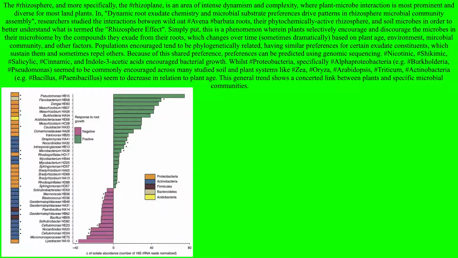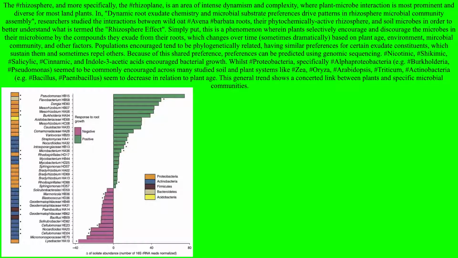Nicotinic, shikimic, salicylic, cinnamic, and indole-3 acetic acids encourage bacterial growth, whilst proteobacteria, specifically alpha proteobacteria, for example, Burkholderia, Pseudomonas, which are both hashtagged, and if you remember, Pseudomonas was hashtagged in the first post, seem to be commonly encouraged across many studied soil and plant systems like Zea oryza, which is rice, Arabidopsis, which is also hashtagged in the other post, Triticum.